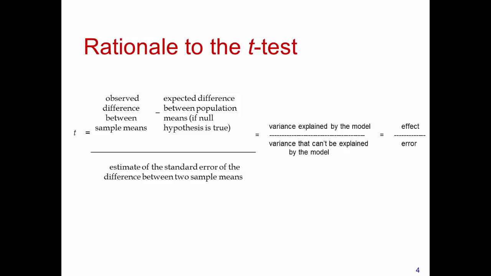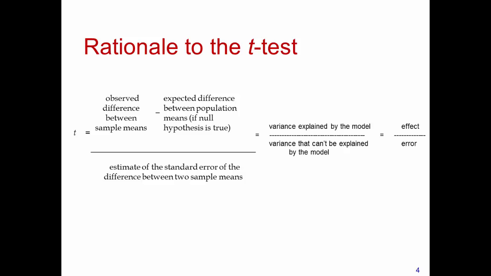And for the noise, or the estimate of the error, we use the standard error of the differences between the two means. So our denominator is the standard error of the differences between the two means, and for the numerator we use the difference between the two group means.